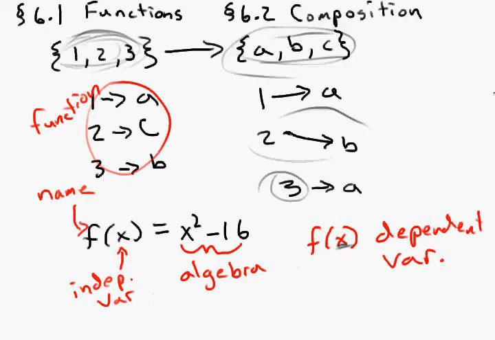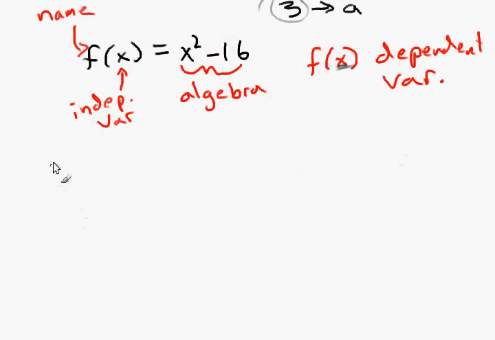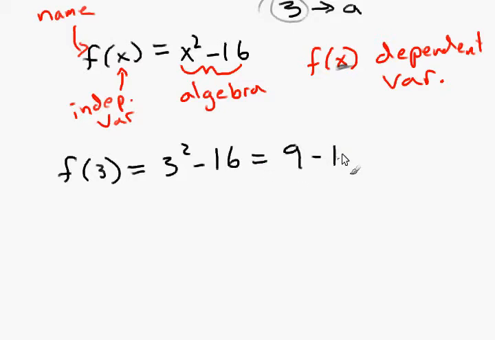So for this function here, I could say look at f of 3, and then I would replace x with 3, so I'd have 3 squared minus 16, that's 9, minus 16, a negative 7. f of 3 is equal to negative 7.